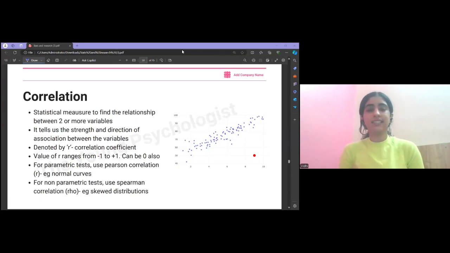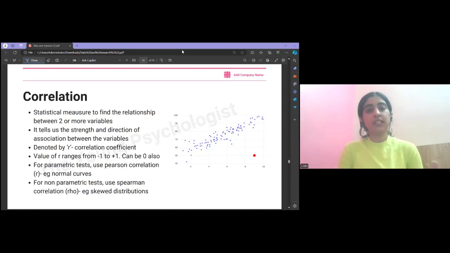We know that in statistics and research, there is something known as variables, right? One variable could be well-being, the other variable could be perfectionism, the other variable could be height, weight, and so on.